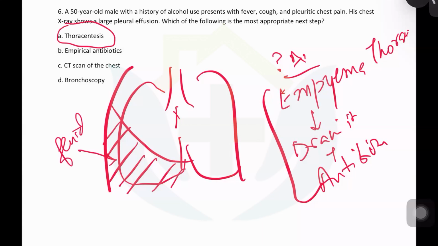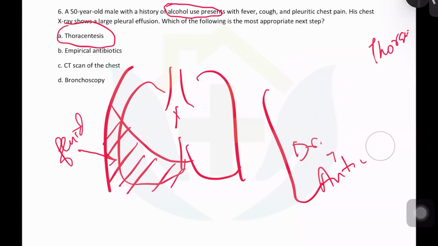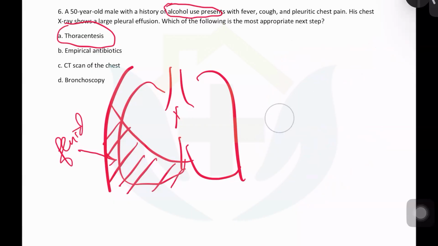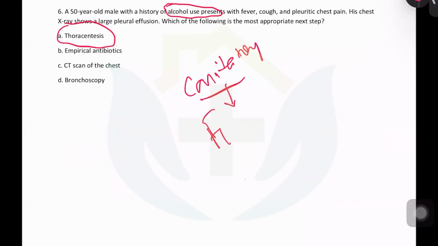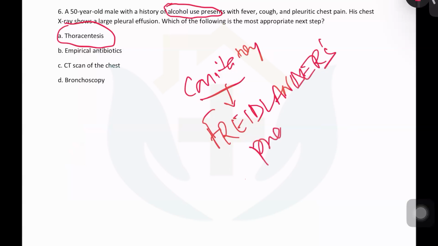Can anybody tell me what kind of pneumonia these patients who are having history of alcohol do they have? What kind of pneumonia do they have? So they have a typical cavitatory pneumonia known as Friedlander's pneumonia.